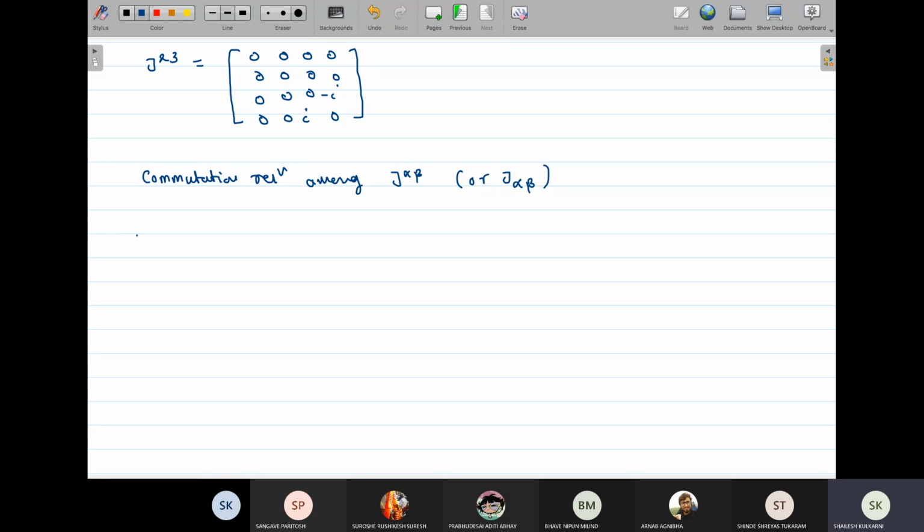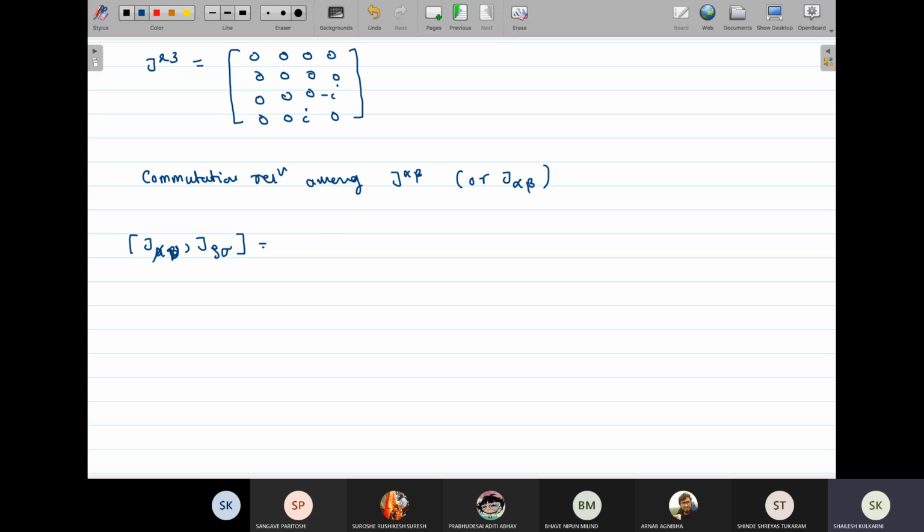So I want to know what is the commutator of J alpha beta and J rho sigma, or J mu nu, because I used in my calculation J mu nu and J rho sigma.